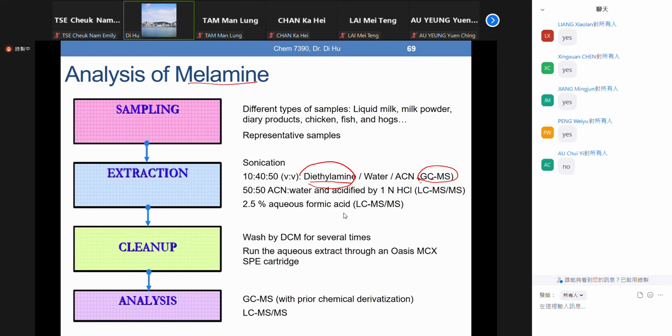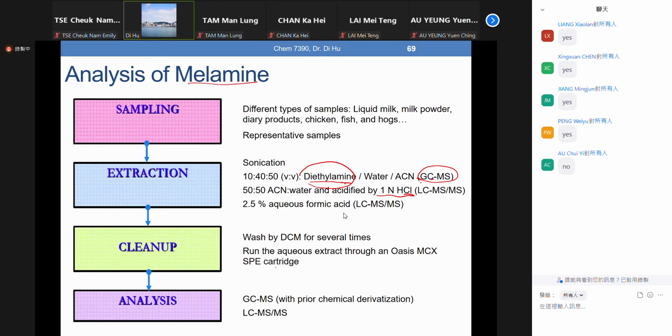It can even help to dissolve the melamine and cyanuric acid crystal. In some of the papers and references, you see the addition of diethylamine. However, in most LCMS methods, they just directly use ACN, but they acidify it with some hydrogen chloride.